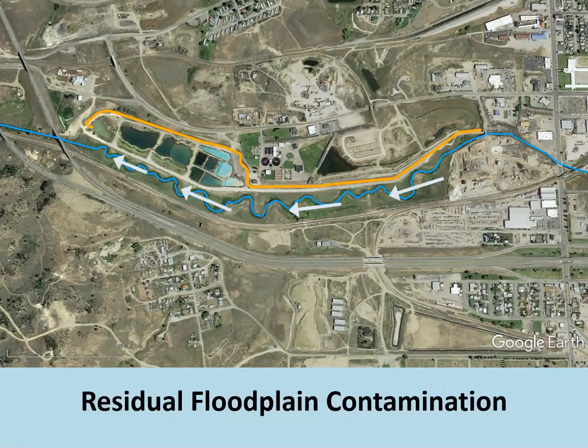There's another groundwater problem though. You remember when I showed the picture of the Butte reduction works from the past, and I said there's a highly contaminated groundwater aquifer under this. That's still there, and that's pretty much the groundwater flow from that aquifer. It's flowing along the axis of the stream, and that's still highly contaminated.